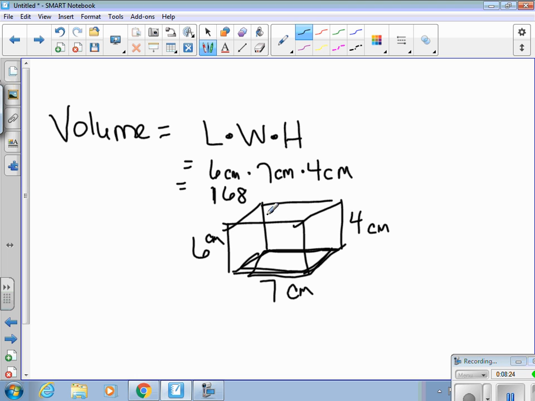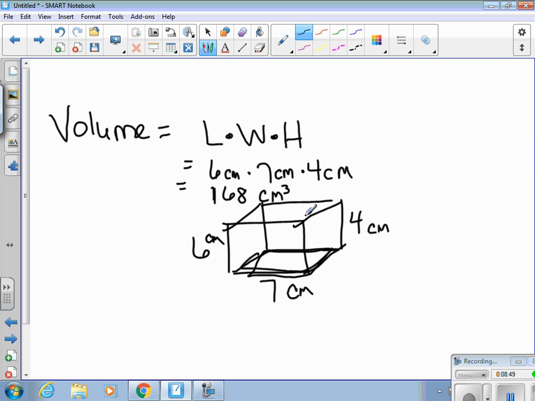How many centimeters did I multiply together? Units cubed. So this is going to be centimeters cubed, because I have 3 centimeters that I'm multiplying together. So centimeters times centimeters times centimeters means how many times am I multiplying centimeters? 3 times. So that means cubed.